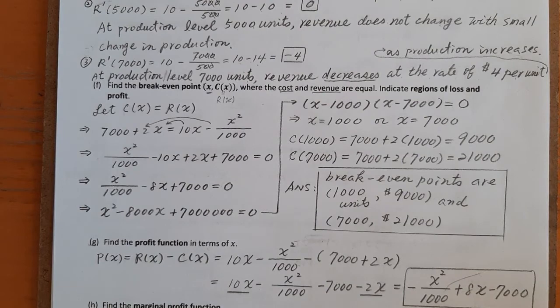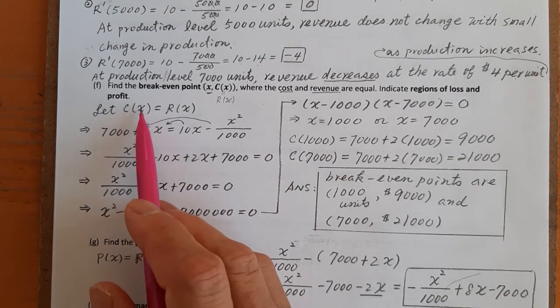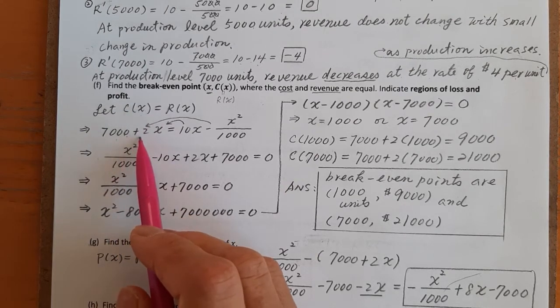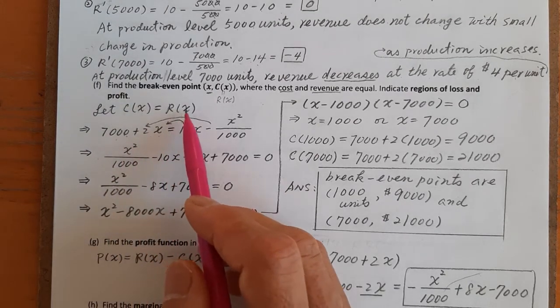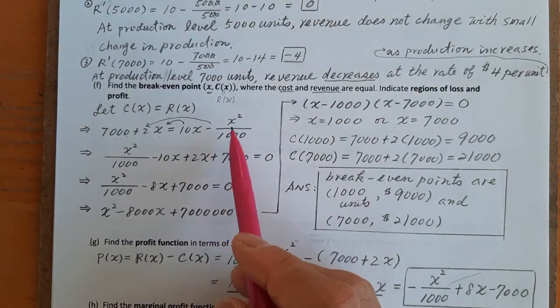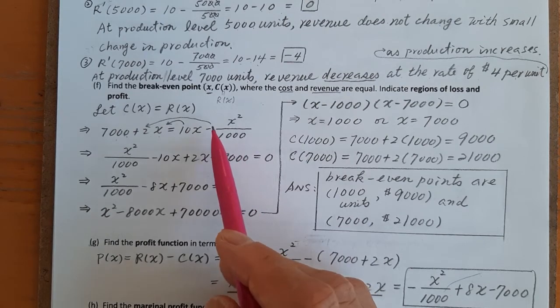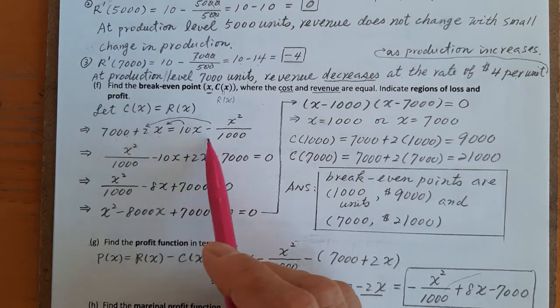That's the point. So C of x is 7,000. Cost function is 7,000 plus 2x equal. Revenue function is 10x minus x squared over 1,000. This comes from C.